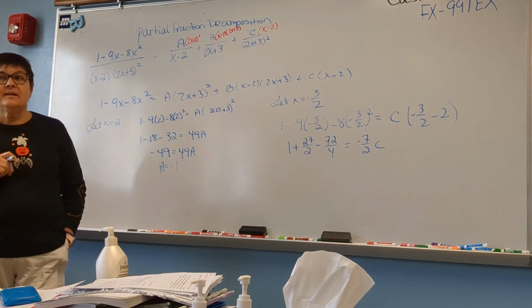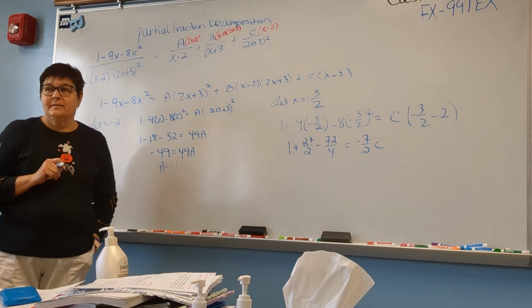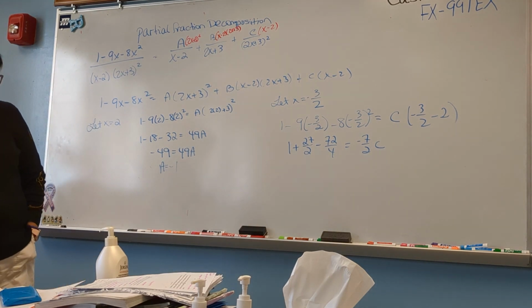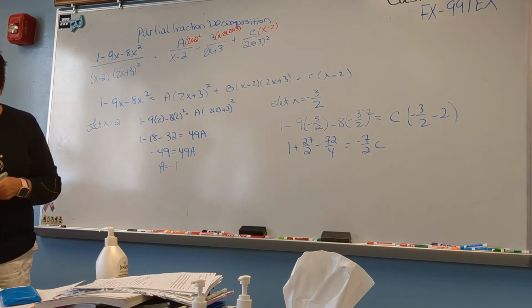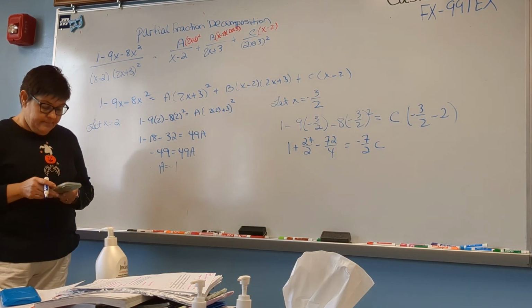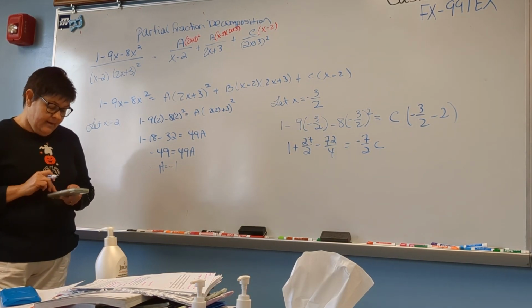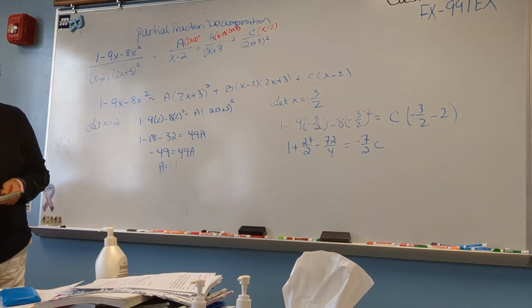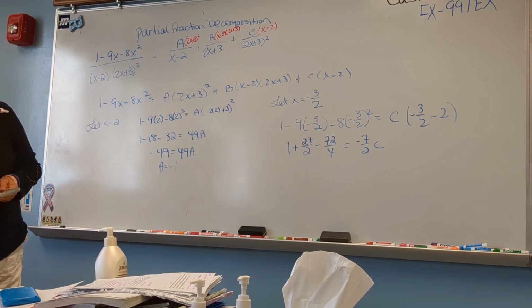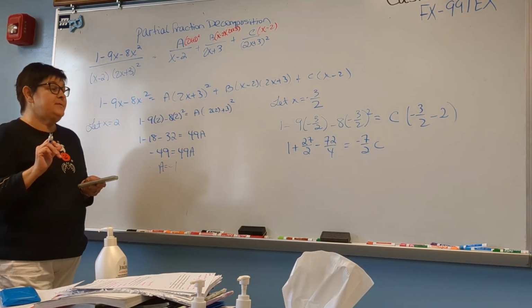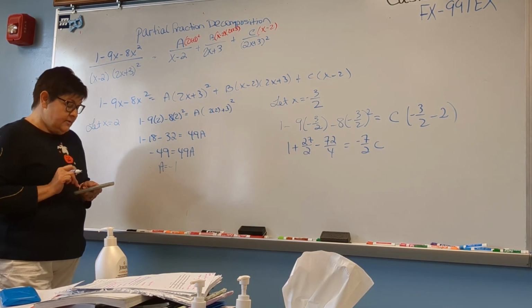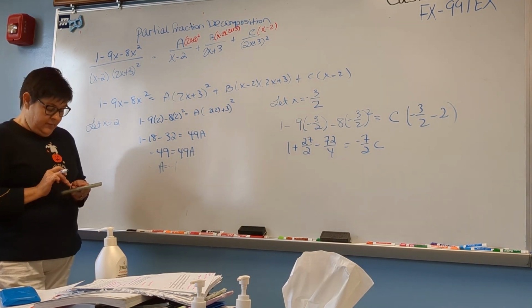Do you guys get the thing on the left, or do I need to get a common denominator in my head? 27 halves would be 54 fourths, so 54 minus 72 plus 4.